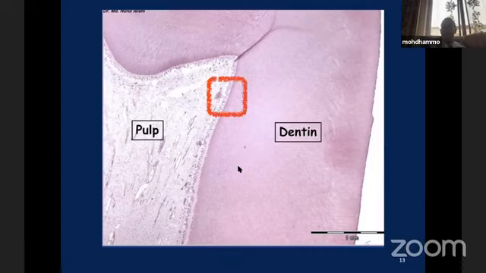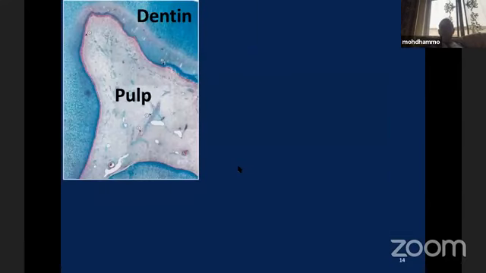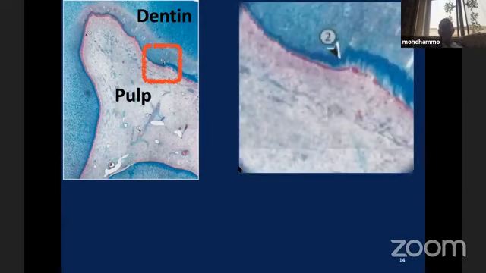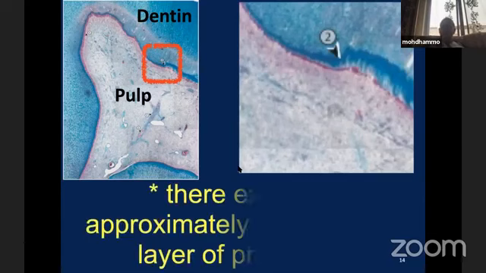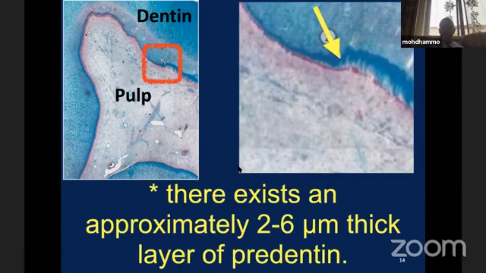If we look closer at the junction between the pulp and the dentine, we can notice a layer, and this layer is between 2 to 6 micron in thickness. It is called predentine. Please remember this name, predentine, because it is very important in our topic today.